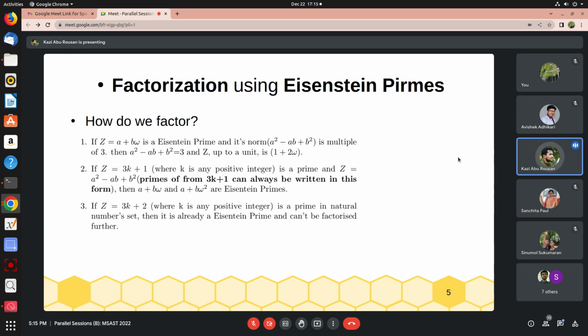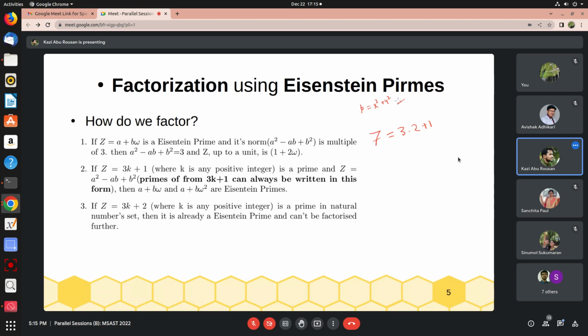As a particular example, we can take the number 7. We know that it is in the form of 3 into 2 plus 1. There was a famous result, Fermat's law, which tells you that if you have a prime p, and it is of the form 4k plus 1, then it can be written as x square plus y square.